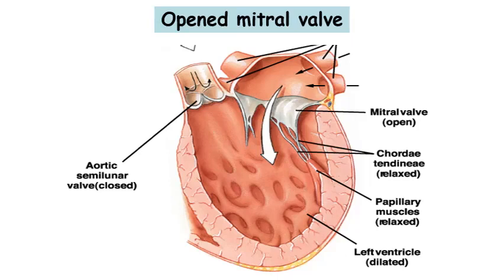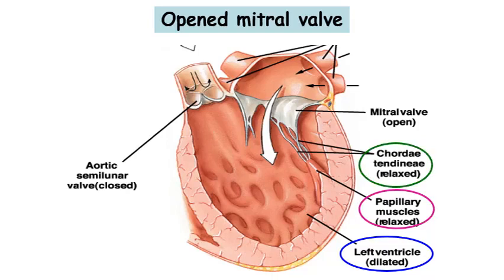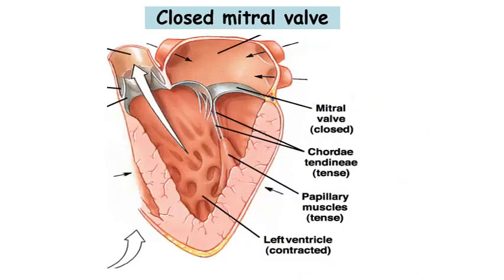Let's take a look at the opened mitral valve. When the left ventricle is dilated, the papillary muscles are relaxed. The chordae tendineae in return are also relaxed, and so the mitral valve is opened. So blood passes from the left atrium towards the left ventricle.